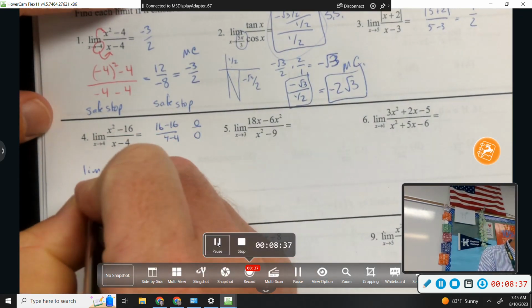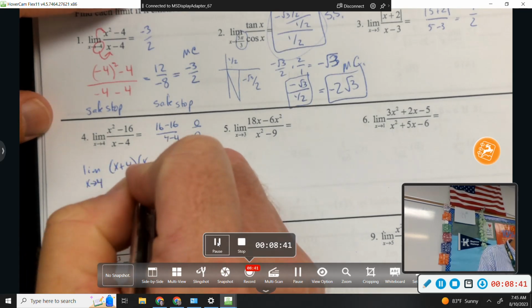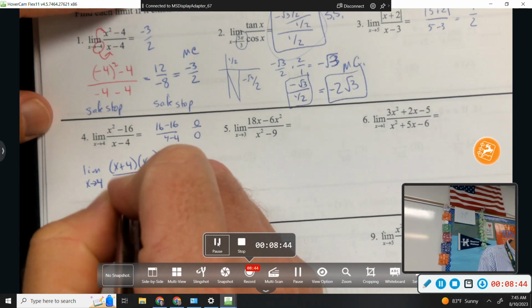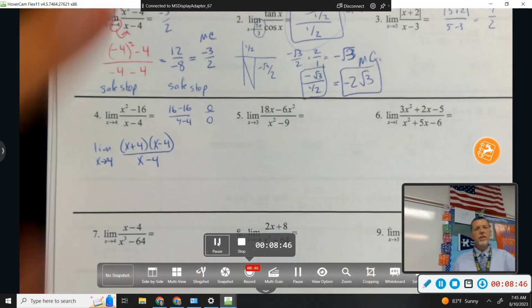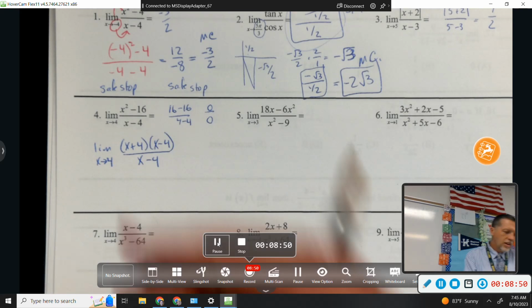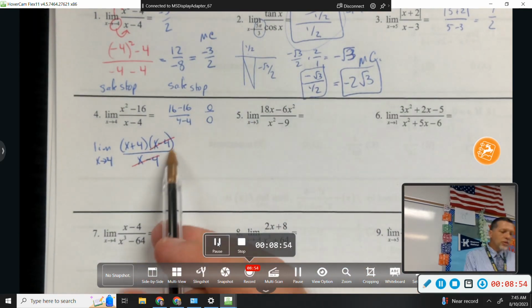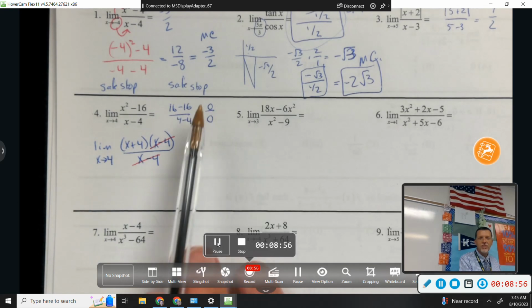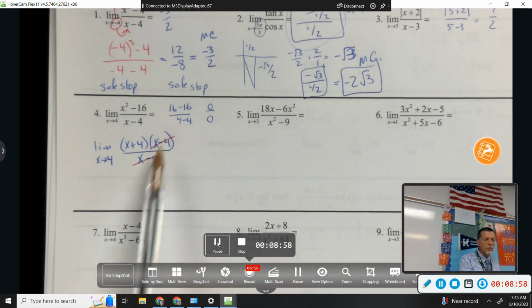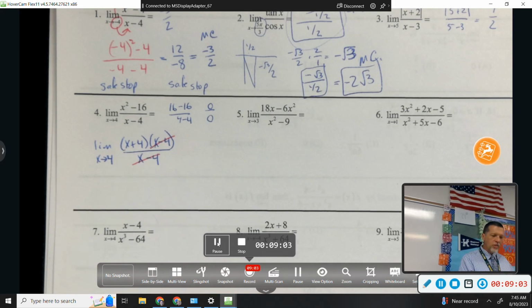Limit as x approaches 4, x plus 4, x minus 4, all over x minus 4. Ah, that's convenient. The x minus 4s will cancel. And that was the problem, right? If we plugged in 4, we were getting 0 over 0. Now maybe we see why we were getting 0 over 0. So those factors will cancel.